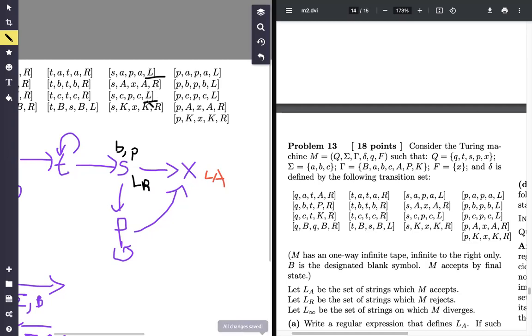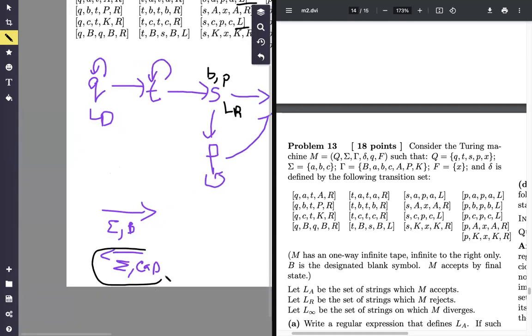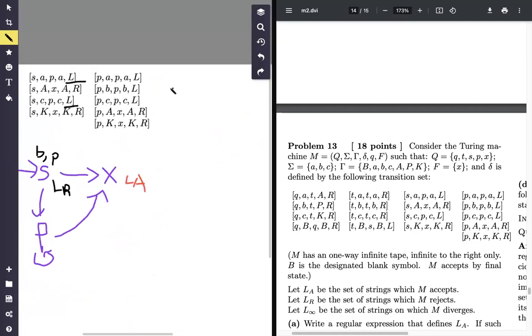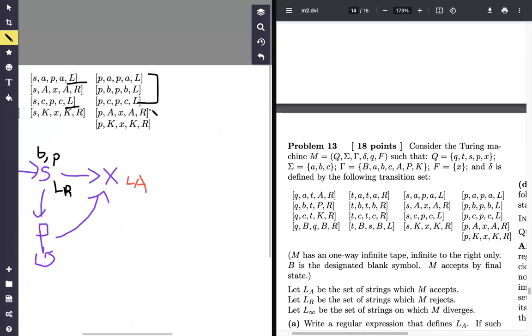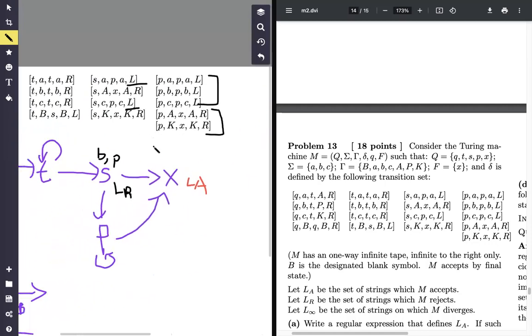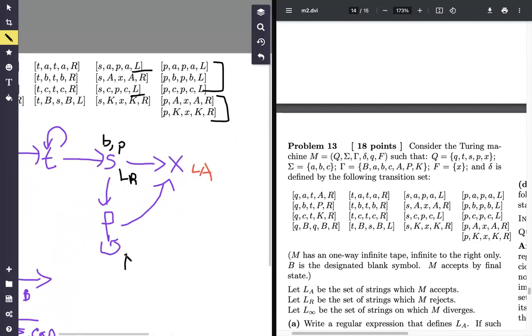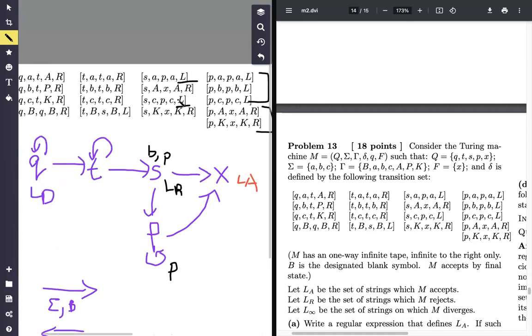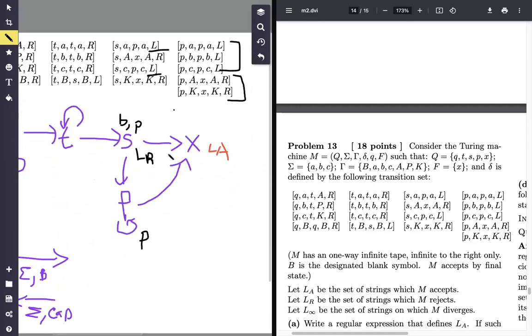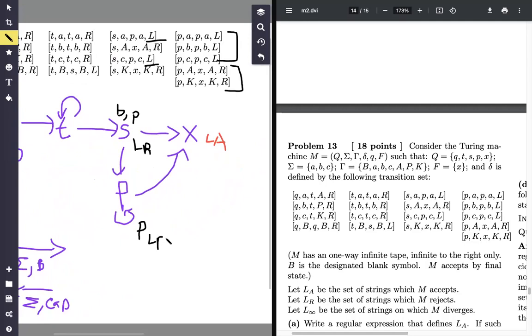When you enter state P through left, that means we have to worry about anything in my alphabet and a capital letter. It can handle anything in my alphabet, but it can't handle anything in my capital letters. It's unable to handle P. State P can't handle capital P. And so therefore this can also reject. So these are all the ways that we reject.